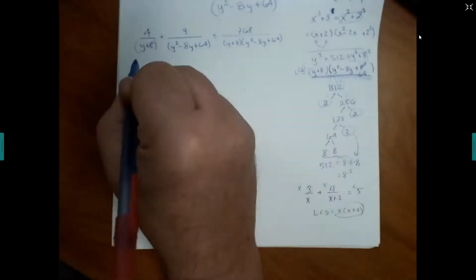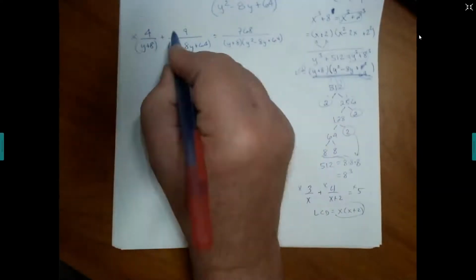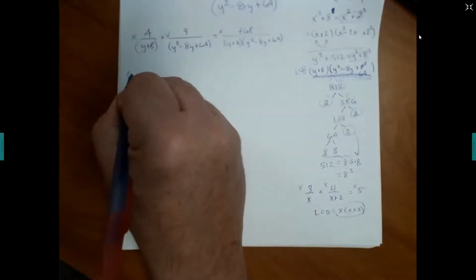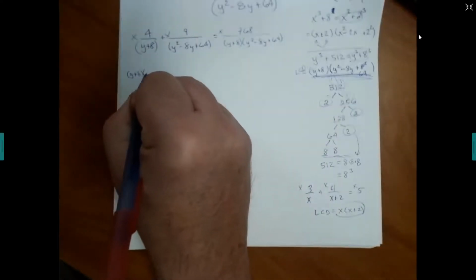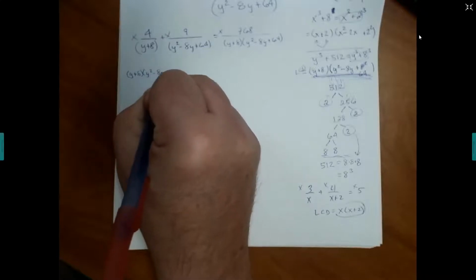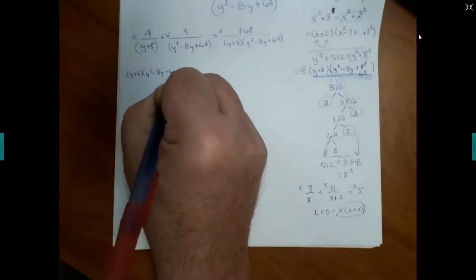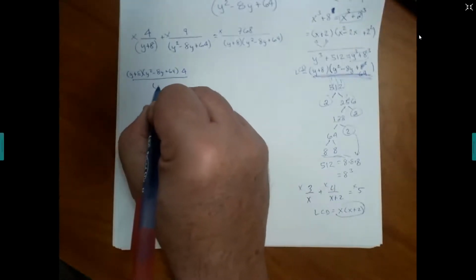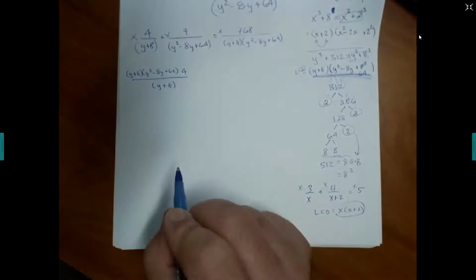Let me show you. My LCD, I multiply it to here, to here, to here. Y plus 8, y squared minus 8y plus 64 times 4 all over y plus 8.